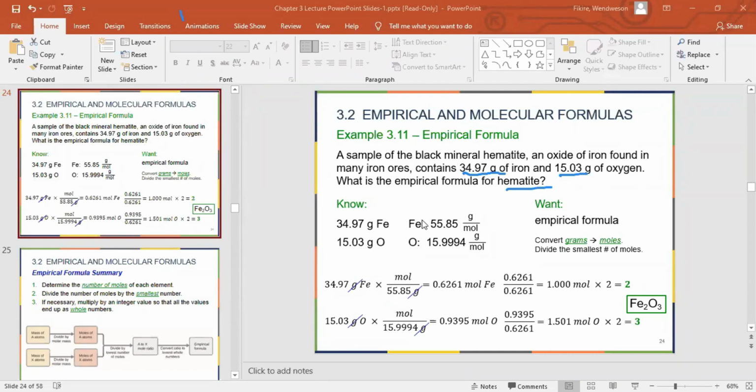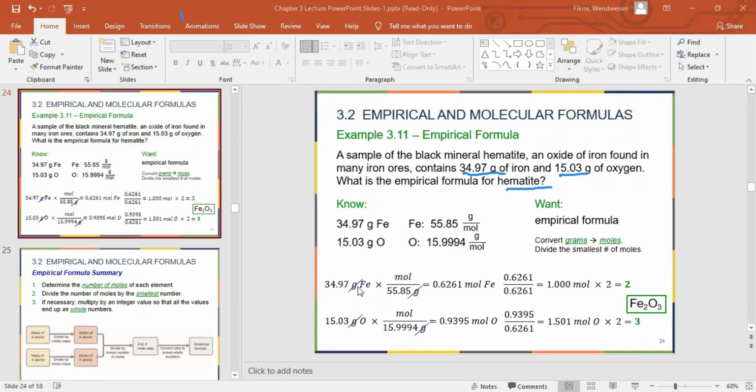Also, it's given that iron is 55.85 grams per mole and oxygen is 15.994. That's given also. So from these given values, we are trying to determine the empirical formula. You're welcome, Marlene. Please watch the steps. The steps are very important. The first thing you need to do is convert the grams to moles.